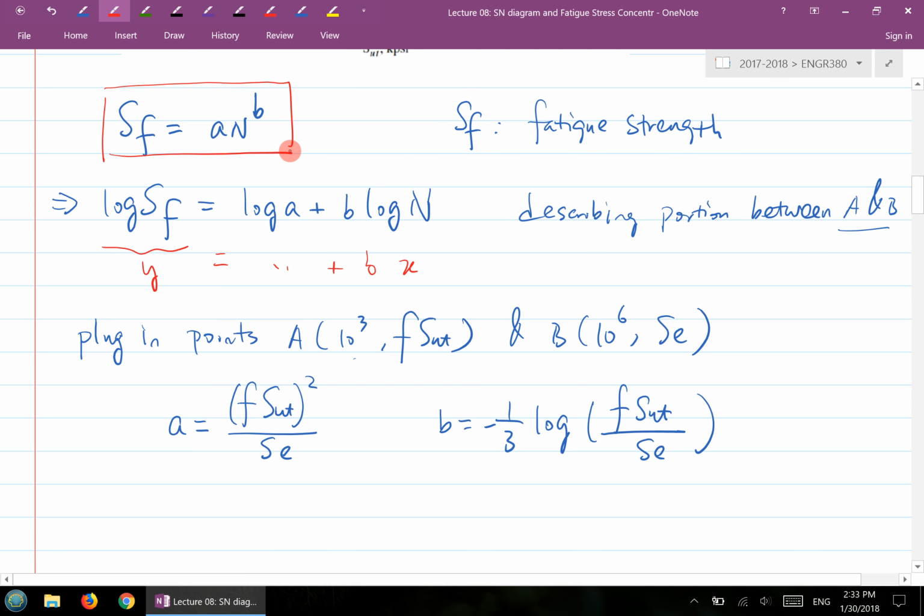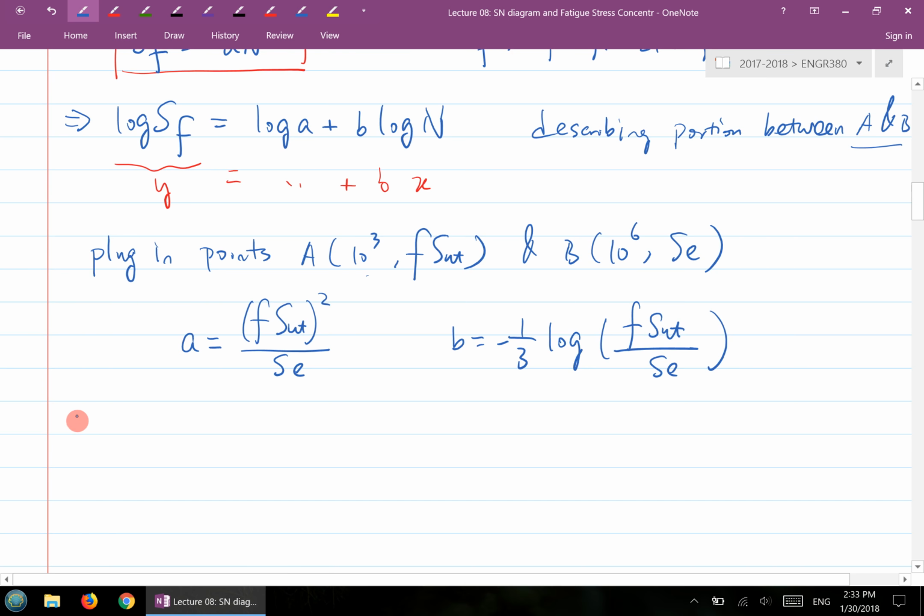A couple of the most important equations are here. Number 1 is SF equals A times N to the power of B. What this basically means is: what is the fatigue strength at this number of cycles?